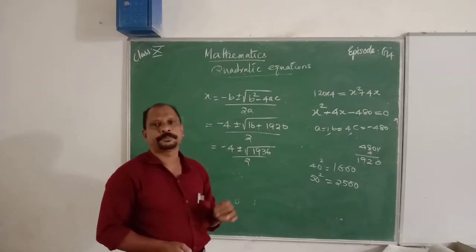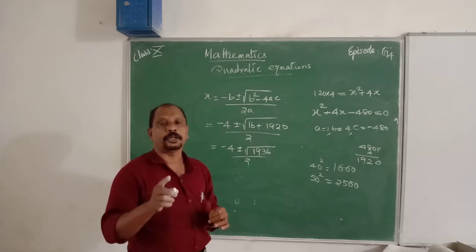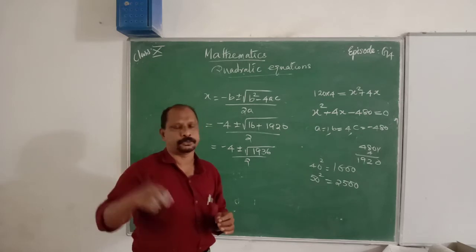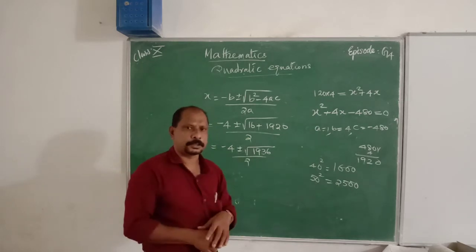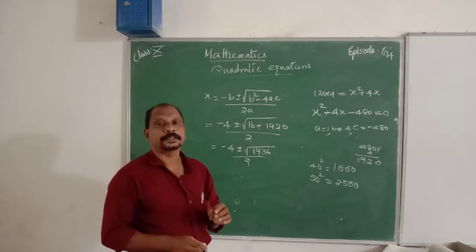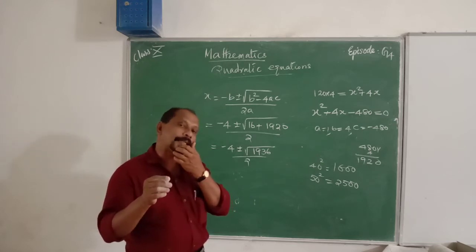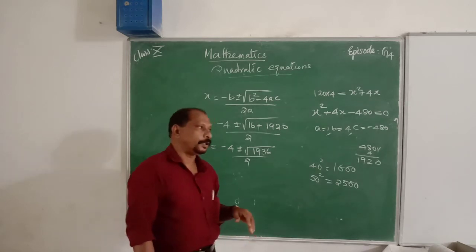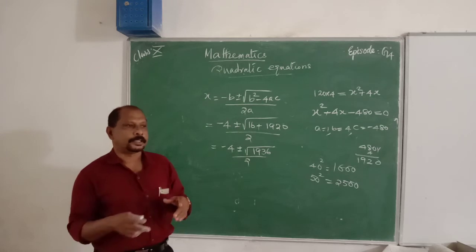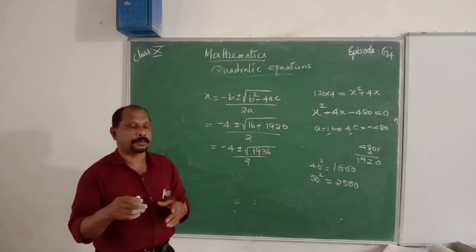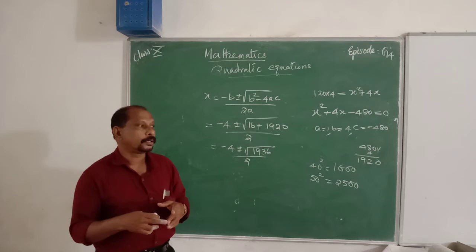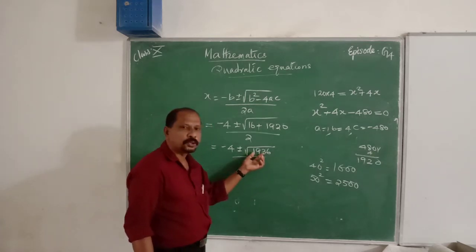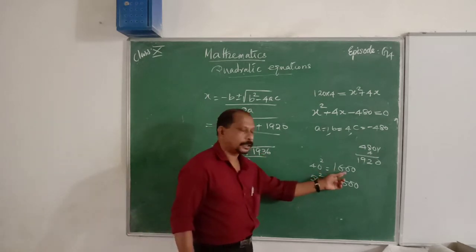If it is 4, 4 into 4 is 16, so 6 is the last digit. If it is 6, 6 into 6 is 36, so 6 is the last digit. This number is nearest to 1600.